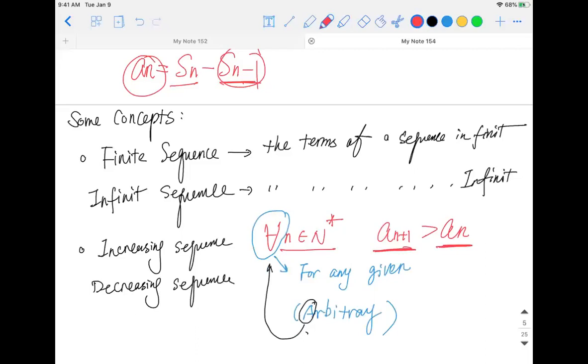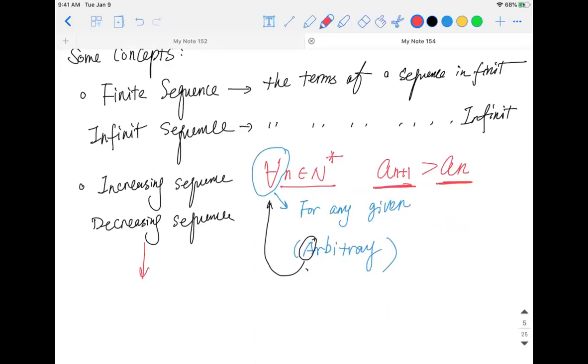So that being said, you're looking at an increasing sequence, right? The next term is always greater than the previous term. Same thing applies: for any given n belongs to the big N, an plus 1 less than an. So that will generate a decreasing sequence. Is that right?